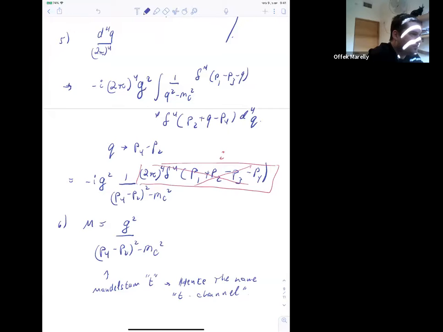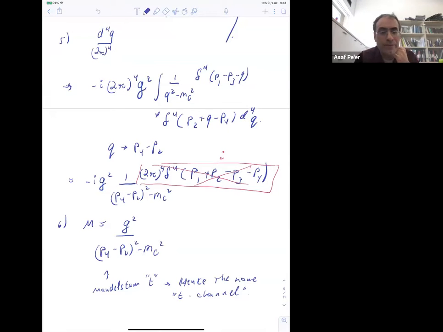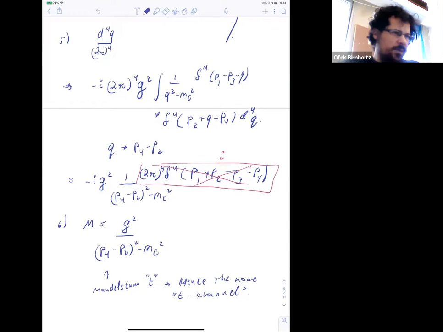But what about the leading order? Did we finish with the leading order? Isn't this just a T channel? This is the T channel, yeah.